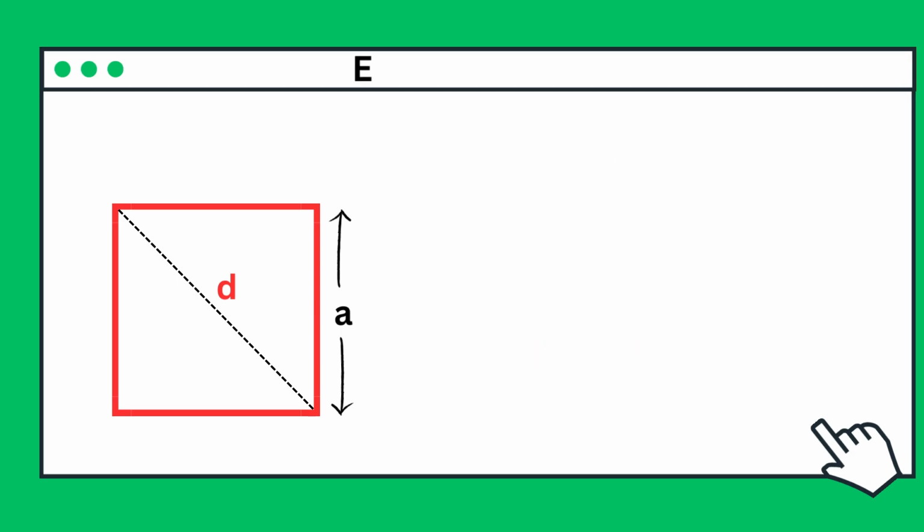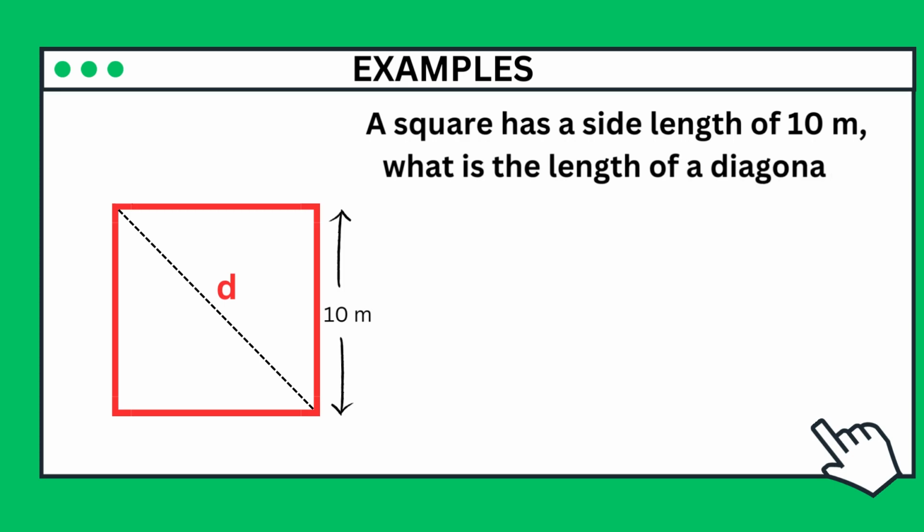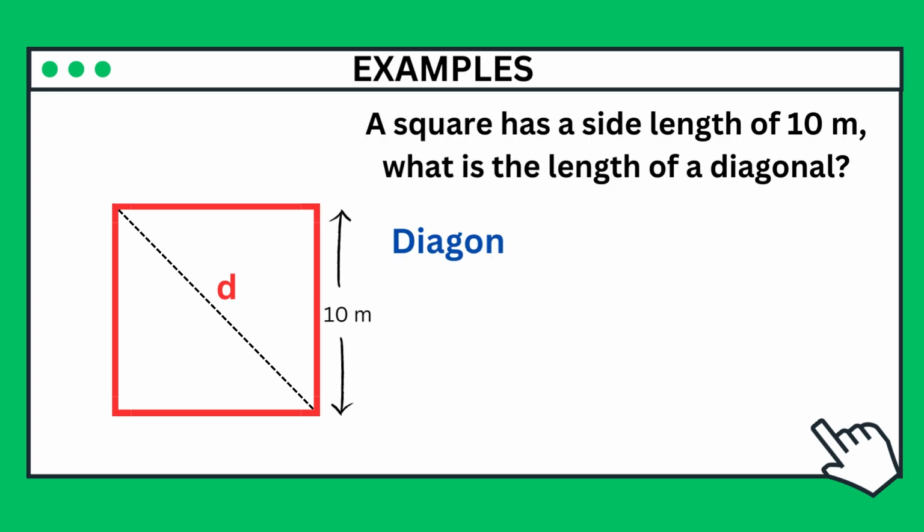So for our example, a square has a side length of 10 meters. What is the length of the diagonal? Ang unknown natin ay diagonal. So ano ang formula natin doon? Diagonal length is equal to a times square root of 2. Huwag nating kakalimutan, dapat kabisaduhin na rin natin kung ano yung value ng square root of 2 since it's a constant.